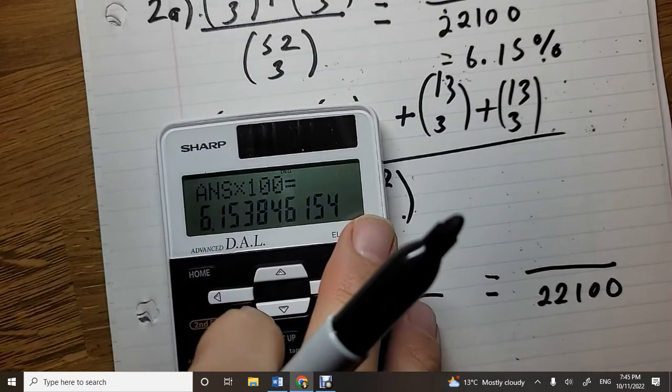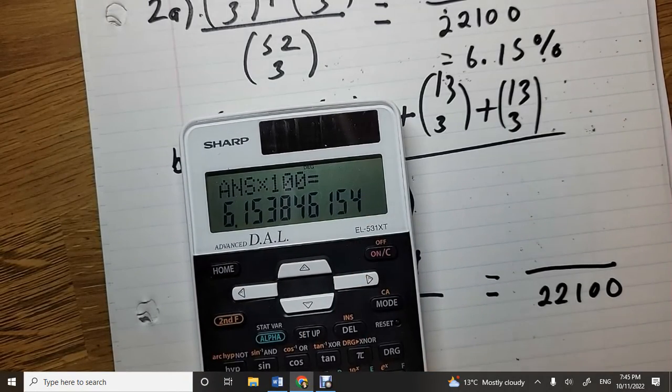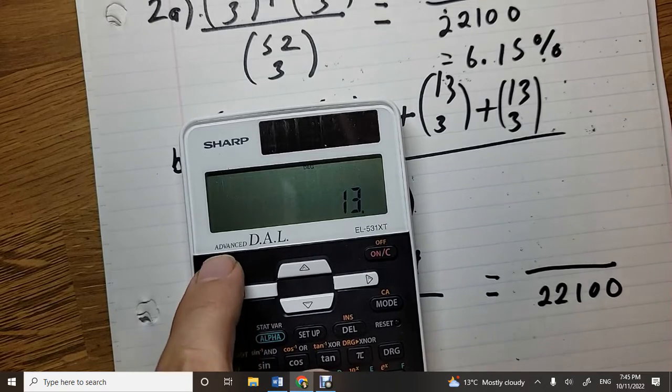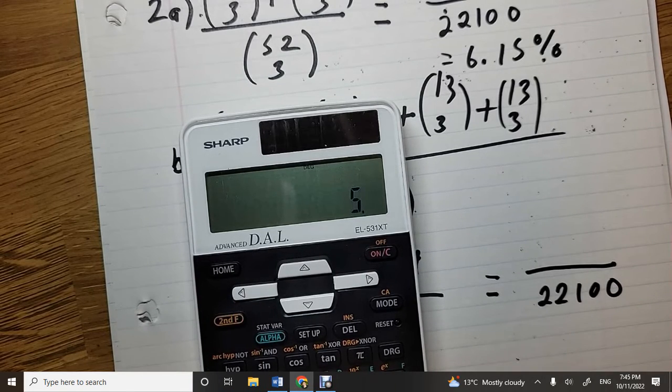We just have to find 13 choose 3 times 4. So we'll get our calculator. 13 choose 3 is 286.